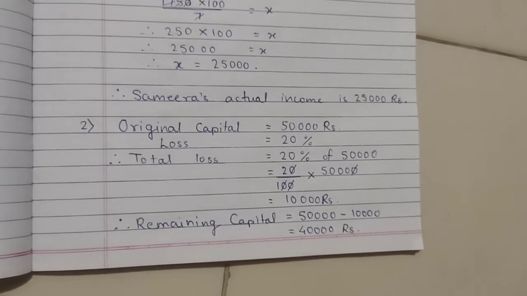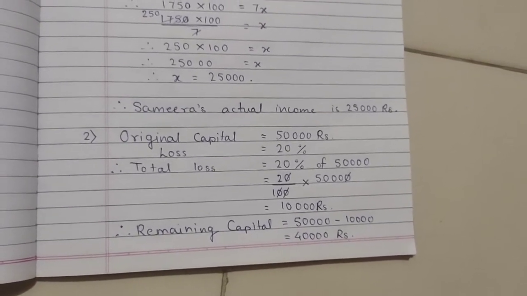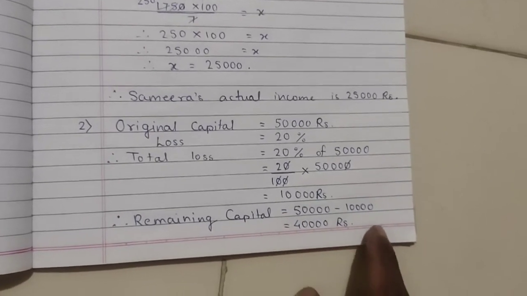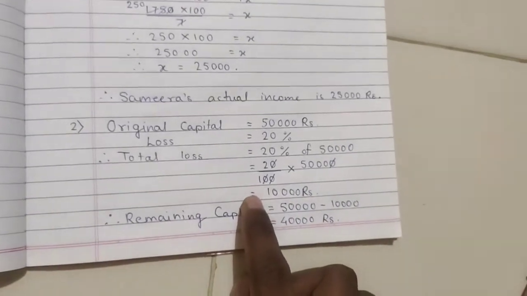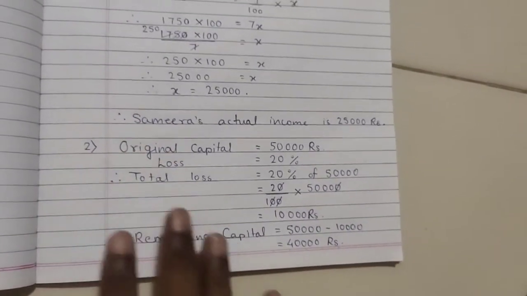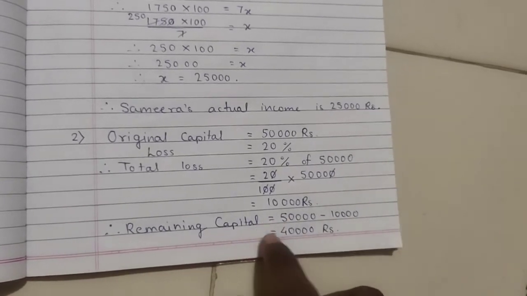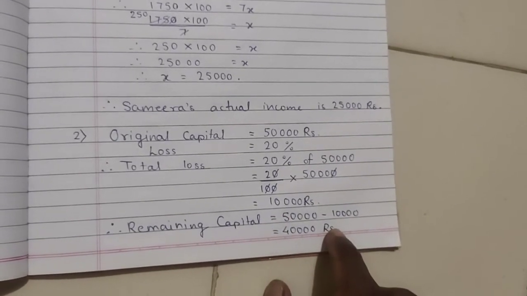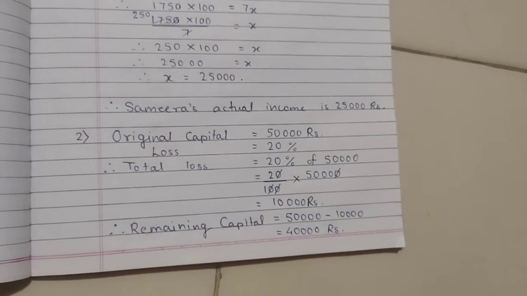So after doing business of food product, he was left with 40,000 rupees because he has suffered 10,000 rupees loss. So this much now we know. Now what is the next line? Remaining capital is invested in new sweet business. So we will do that part now.